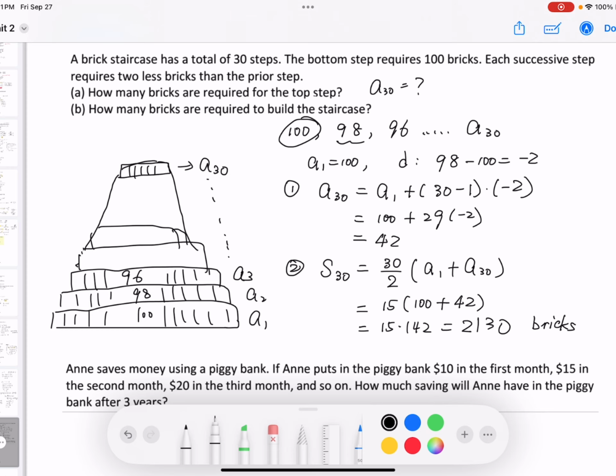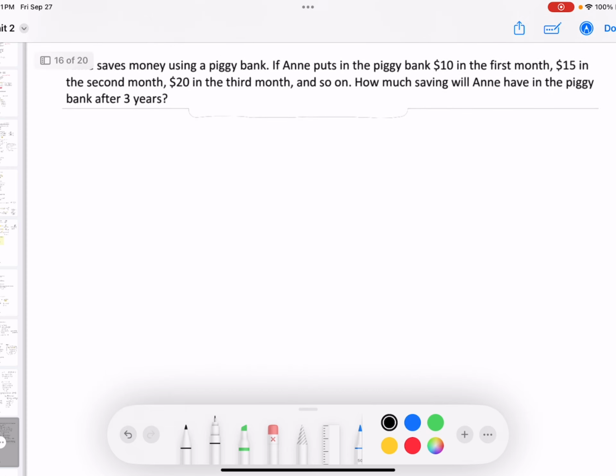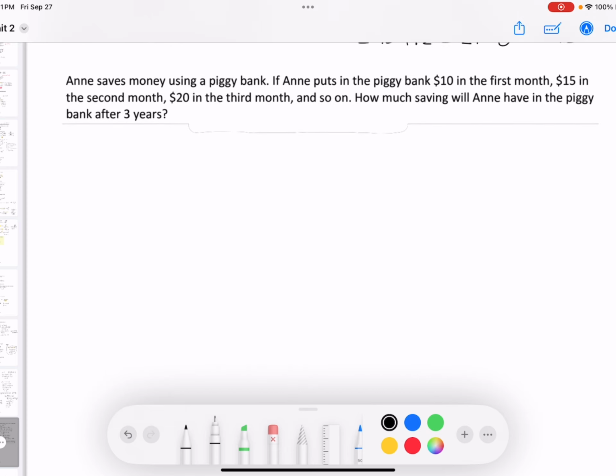Okay, let's see the next example. Anne saves money using a piggy bank. If Anne puts in the piggy bank $10 in the first month, 15 in the second month, 20 in the third month, and so on, how much will Anne save in the piggy bank after 3 years?